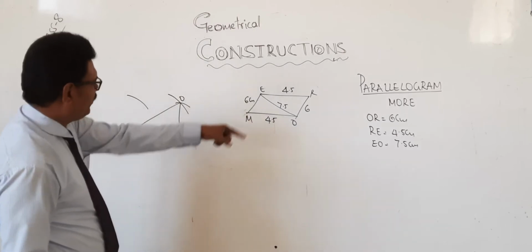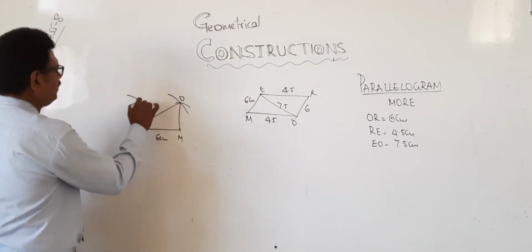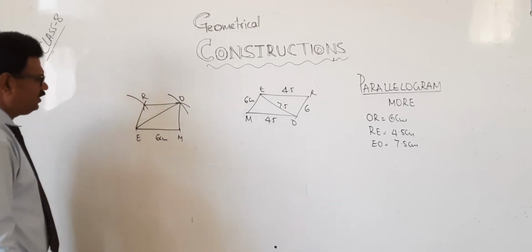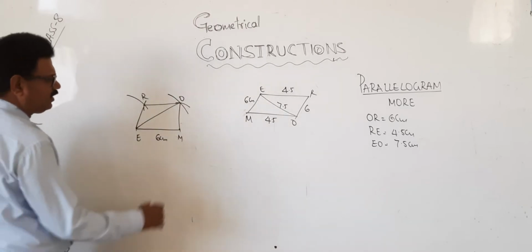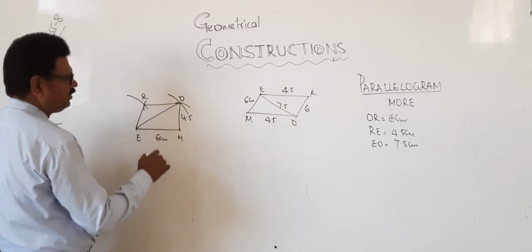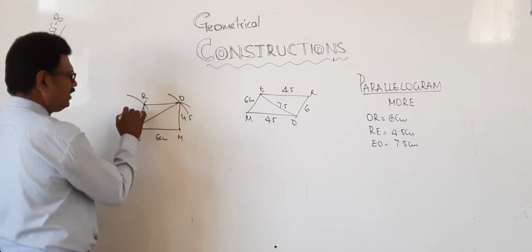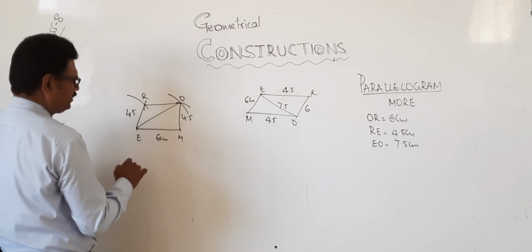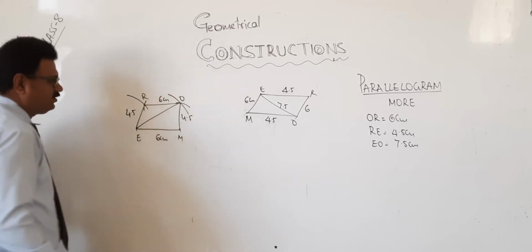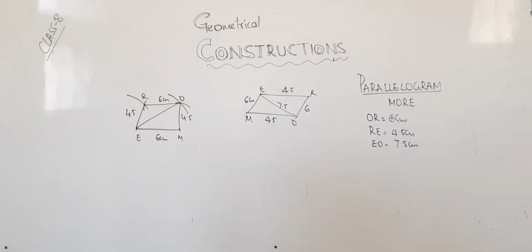Now OR, how much? 6 centimeters. Just do like this. So this is nothing but MOR. MO is 4.5, OE, this is ER, ER is 4.5, and next RO, RO is 6 centimeters. Like this, this is nothing but our parallelogram.